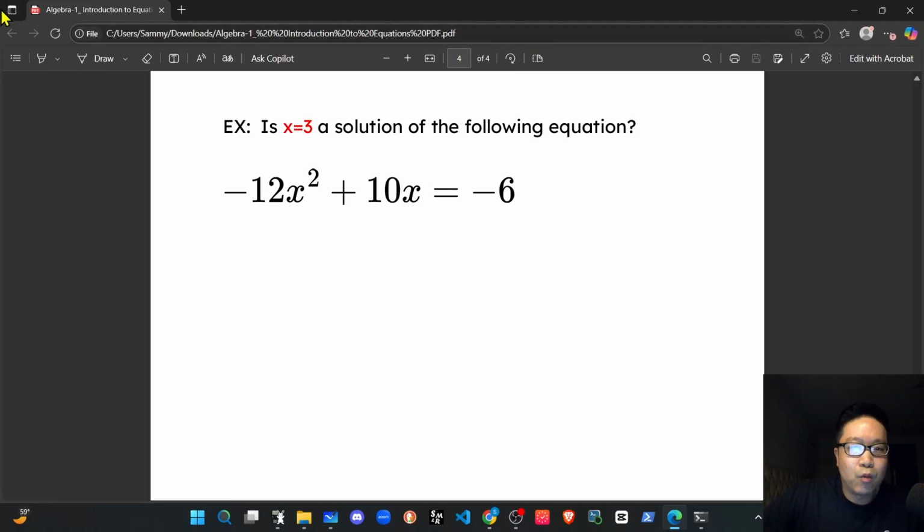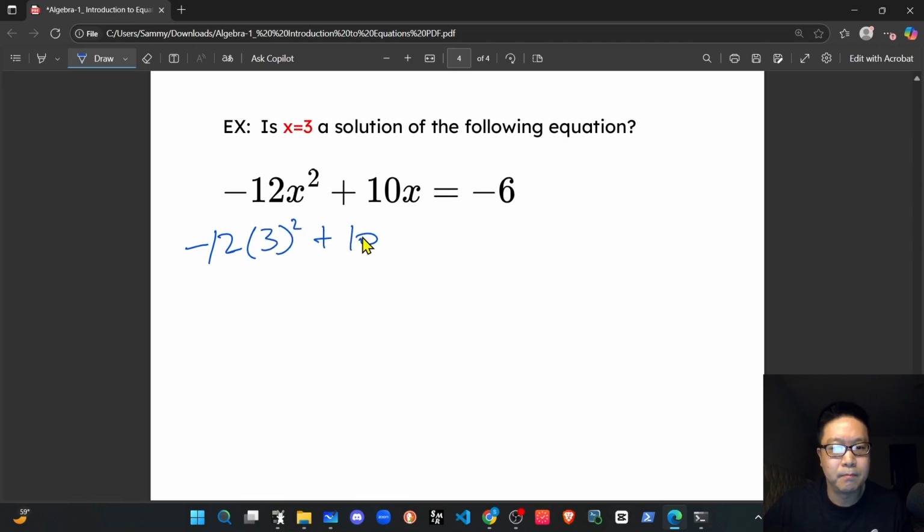Okay, let's try one last example. This question is asking us if x equals 3 is a solution of the following equation. So just like before, we're going to substitute 3 in for x. And we want to know if the left side is equal to negative 6 on the right side.